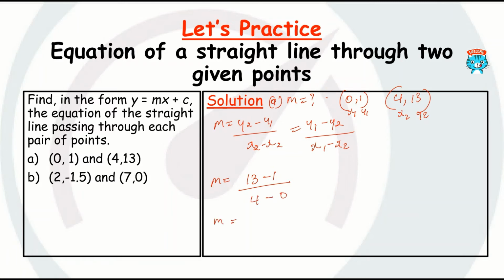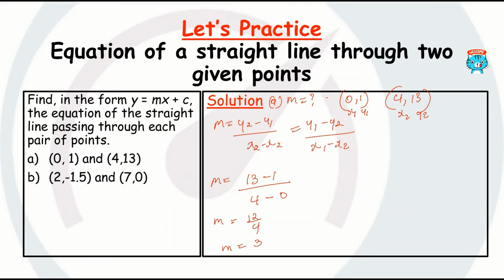So our gradient is 12 over 4, which is positive 3. You can pause the video, do y1 minus y2 over x1 minus x2, and you'll get the same answer.